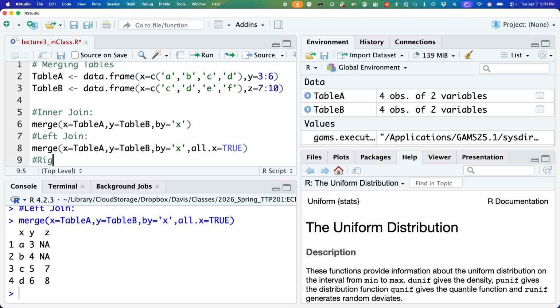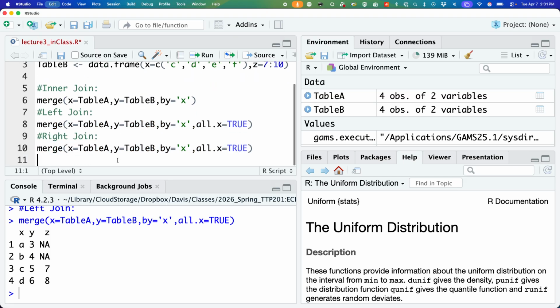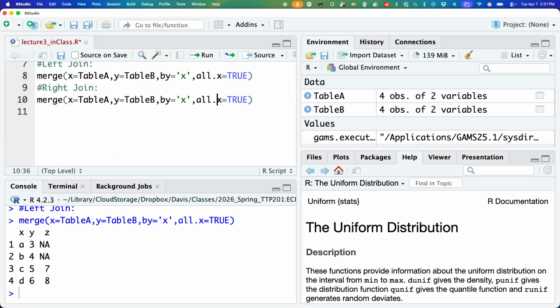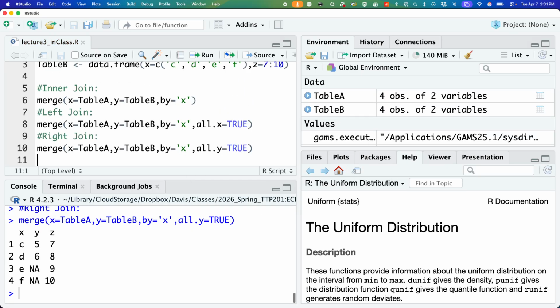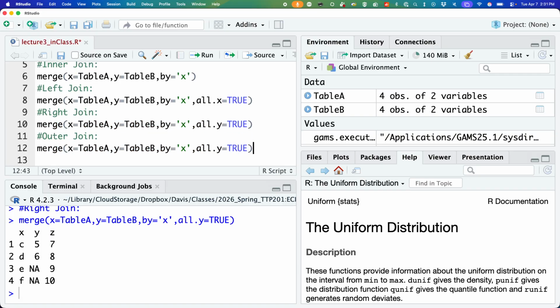All right. Right join, as you can probably guess, is very similar, except instead of all X, we say all Y equals true. I hit enter, and it is as we expected. And the last one that I'll show is outer join, which is, instead of all dot X or all dot Y, we just say all equals true.